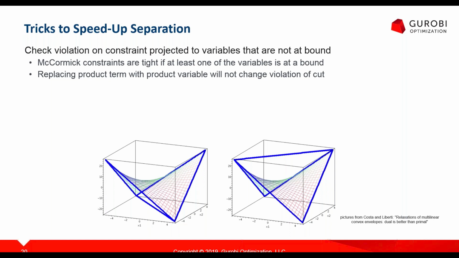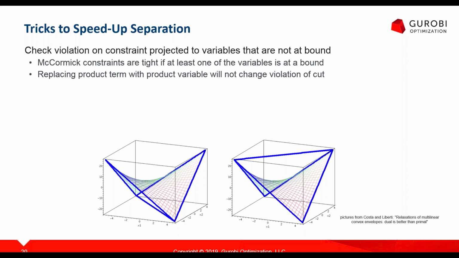If you look at the McCormick inequalities, how they relate to this saddle area that is defined by the bilinear constraint, then you see that at the boundaries, so if you have this rectangular shape here, and one of the two variables, x1 or x2, is at one of its bounds, then you see that the McCormick relaxation is actually identical to the bilinear constraint surface.